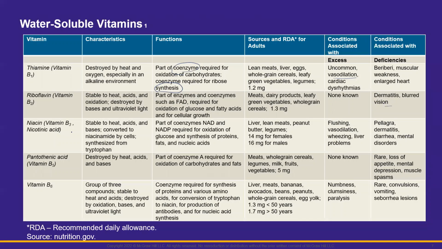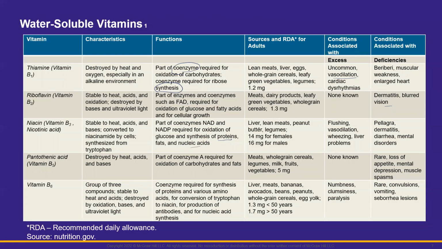Niacin or vitamin B3 is stable to heat, acid, and bases, converted into niacinamide by cells, synthesized from tryptophan. This is part of the coenzymes NAD and NADP required for oxidation of glucose and synthesis of proteins, fat, and nucleic acid.